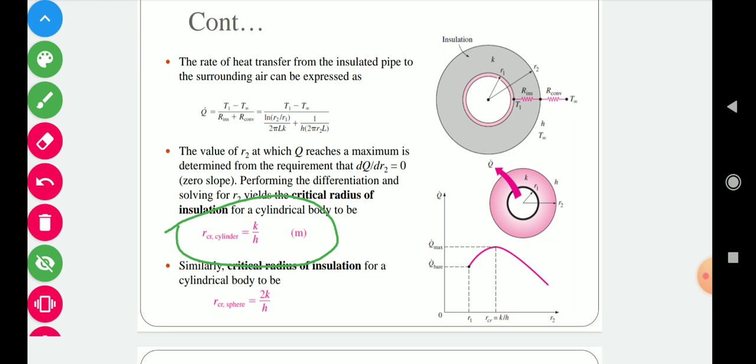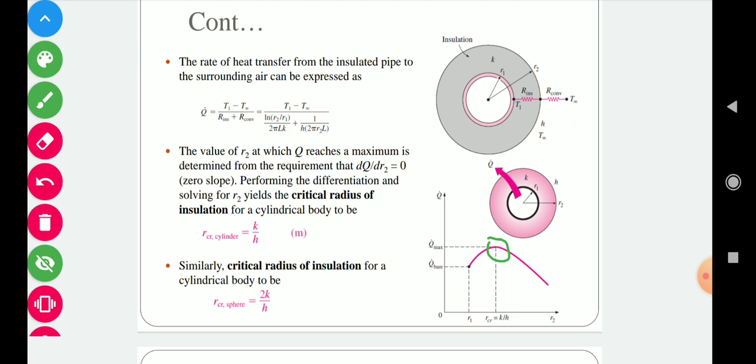As you can see in this diagram, this is the original heat transfer rate. When we place insulation on the surface, in the starting the heat transfer rate will increase, then it reaches a maximum value, and after that the heat transfer rate will decrease. So the radius at which heat transfer rate is maximum is called critical radius of insulation.